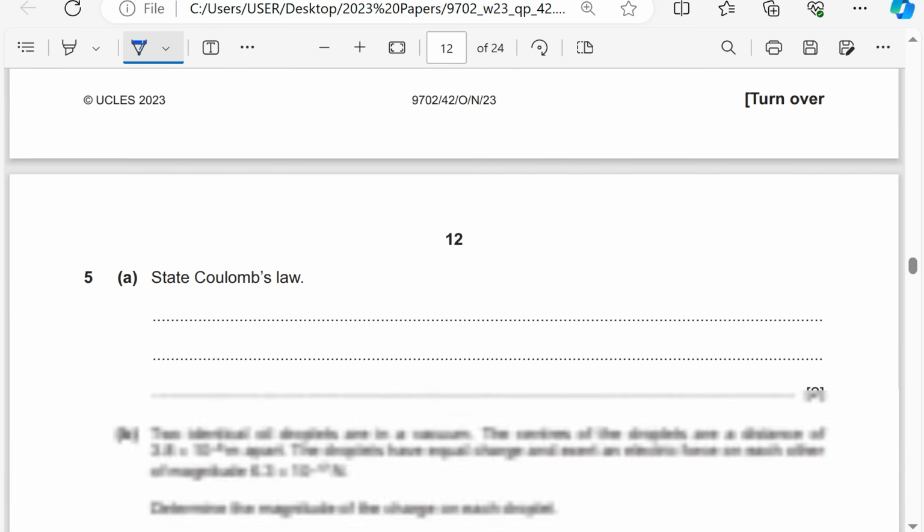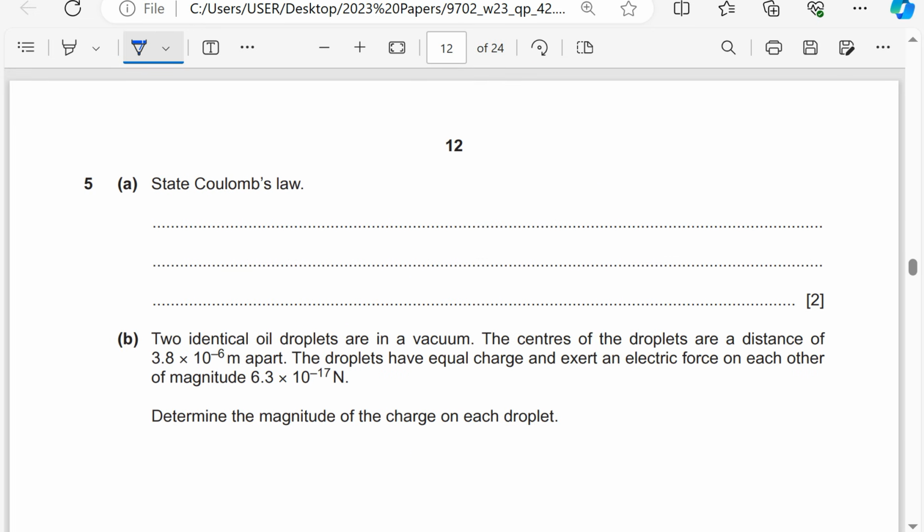to 3 significant figures. State Coulomb's law. This is electric fields.